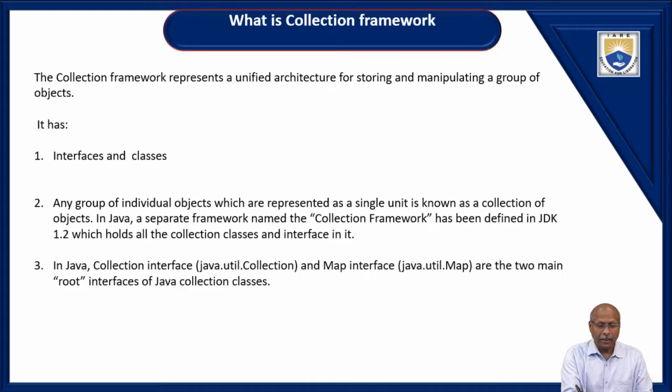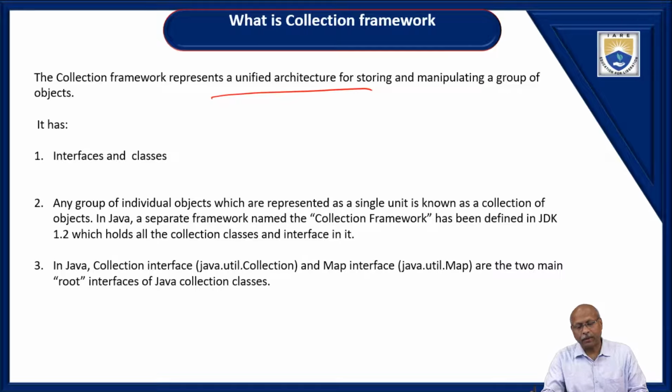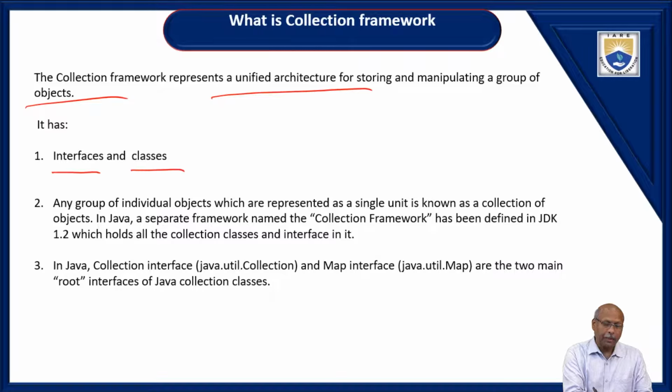The collection framework represents the unified architecture for storing and manipulating a group of objects. It has a set of interfaces and a set of classes. Any group of individual objects represented as a single unit is known as a collection of objects. Whenever you want to store a group of objects, they can be stored in a single area, and that area is called a collection object.